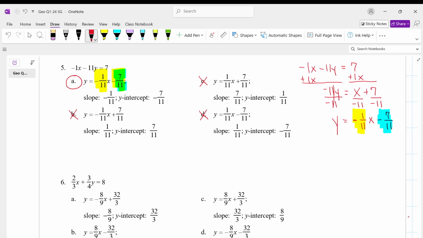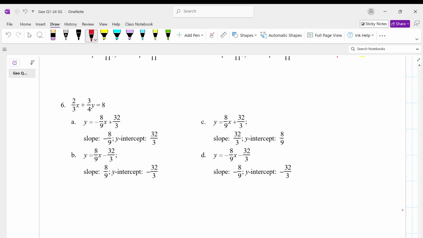And we're going to do the same thing for number 6. We've got 2/3 x plus 3/4 y equal to 8. I'm going to subtract 2/3 x from each side.